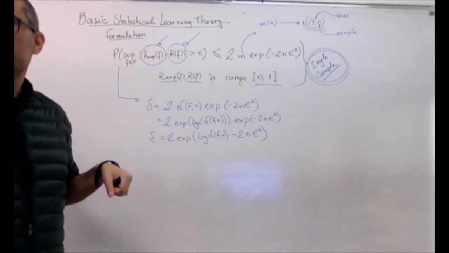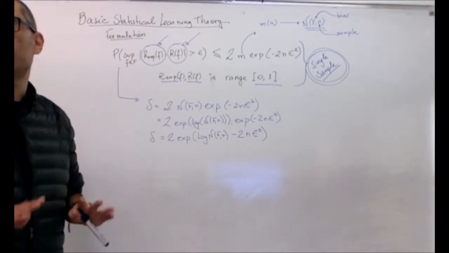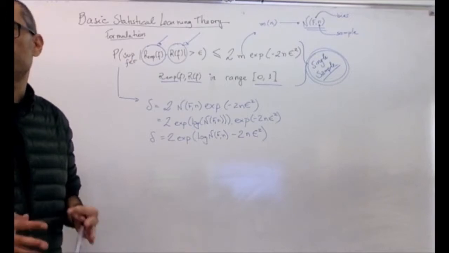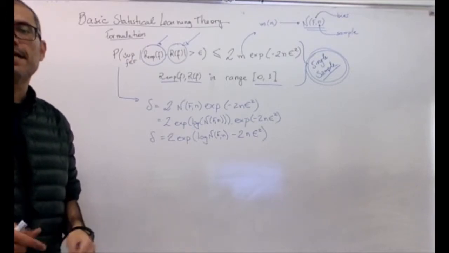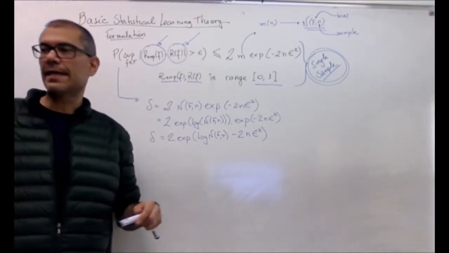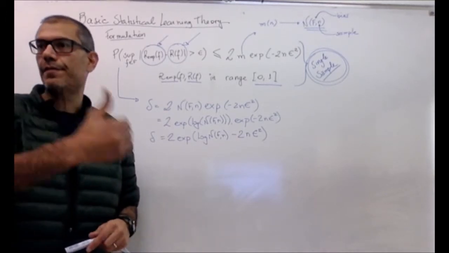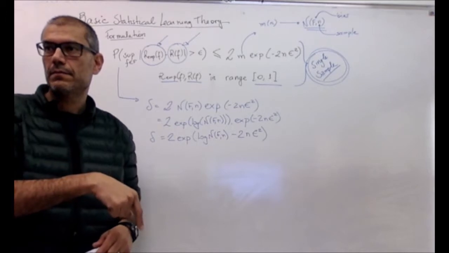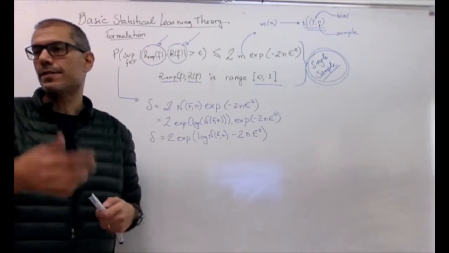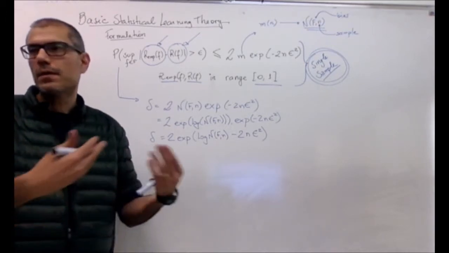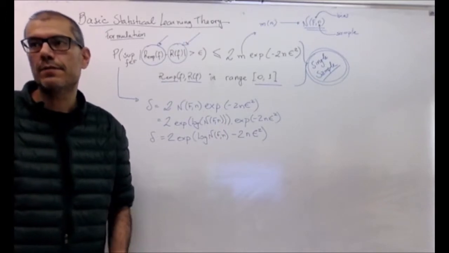And that's quite interesting. That's probably the most important conclusion of statistical learning theory. We could talk a lot about it, but at the end of the day, the most important thing is this last step, because all the previous steps were just to justify this last one.